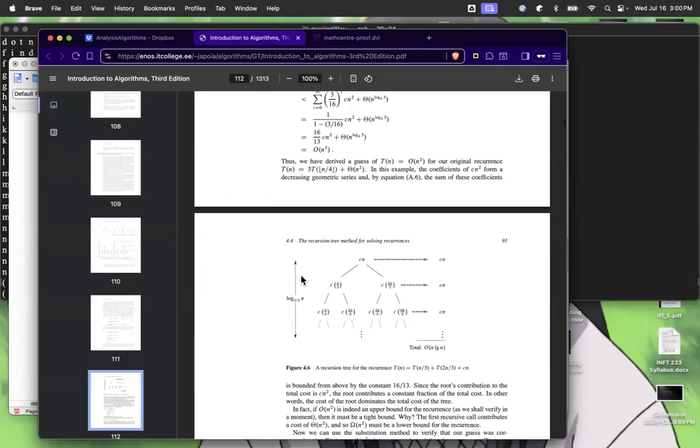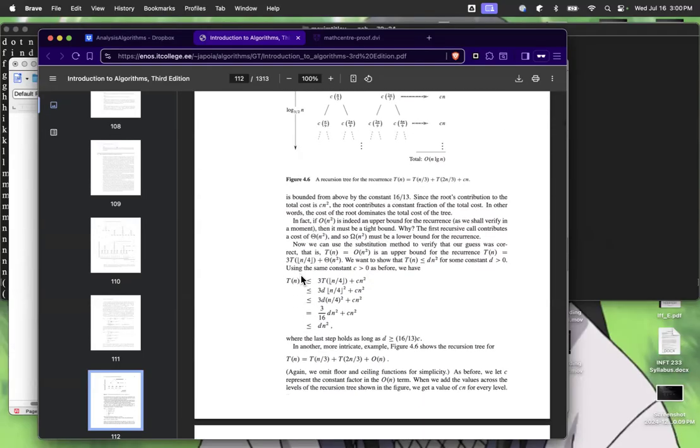So this constant of 16 over 13 is going to be our bound. Since the root's total cost is c n squared, the root contributes a constant fraction of the total cost. In other words, the cost of the root dominates the total cost of the tree.